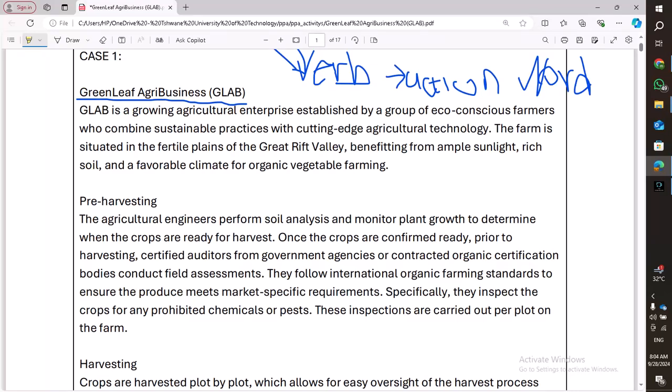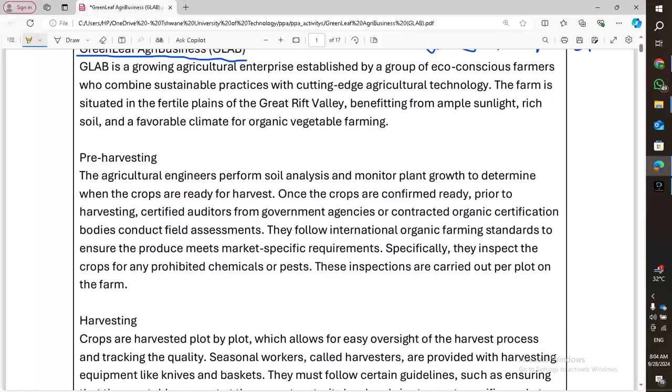They tell us that G-Lab is an agriculture enterprise established by a group of eco-conscious farmers who combine sustainable practices. It's talking about agriculture. So okay, the case study is all about agriculture. What is going to happen first?